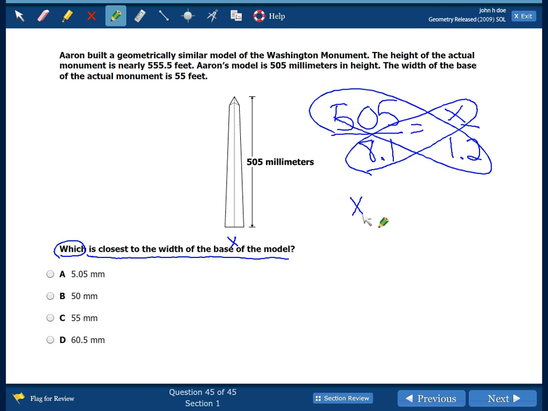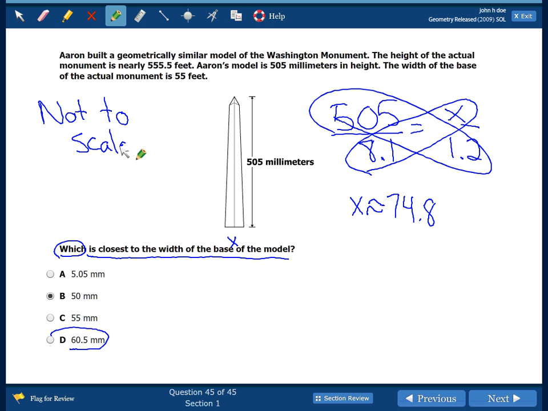We get x is about 74.8. So if you were looking at these options, probably this one would be the most tempting, D. None of them are really that close because the picture's not drawn to scale. The actual answer is B. So you actually need to do this to solve. This picture is not to scale.